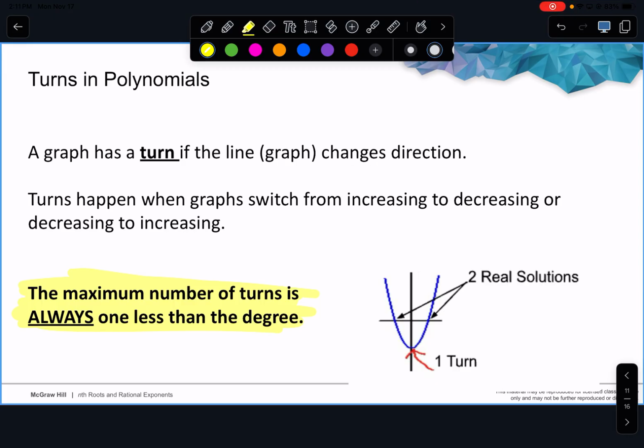You just subtract 1 from the degree. So if you think like the parabolas that we've been graphing and the one that's in the picture, the degree is 2. 2 minus 1 is 1, so we have 1 turn, right?